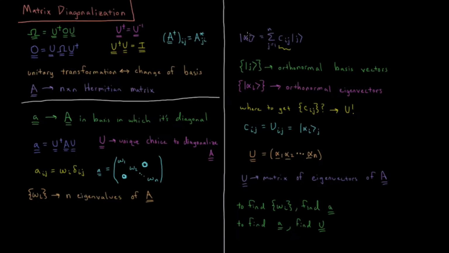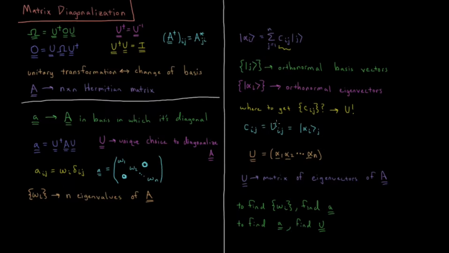So there are n values of i, n values of j, n squared values of Cij. So the j are, as I said, a set of orthonormal basis vectors. The alpha i are the orthonormal eigenvectors of this Hermitian matrix. So the question is, where do we get these coefficients from? There's n squared of them, so it seems like they would form a nice matrix. And the answer is, it's this unitary matrix which diagonalizes A.